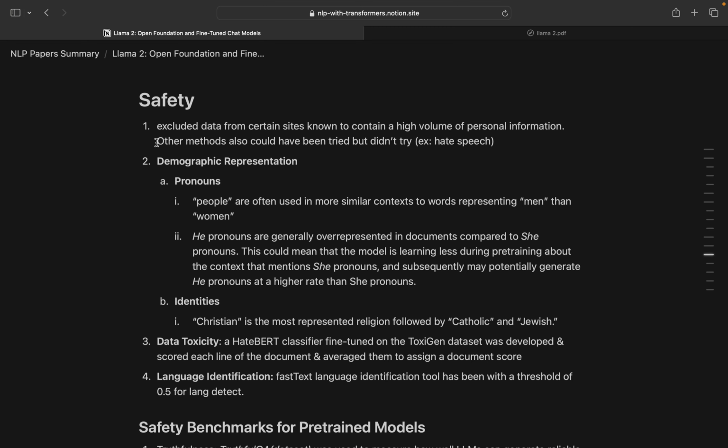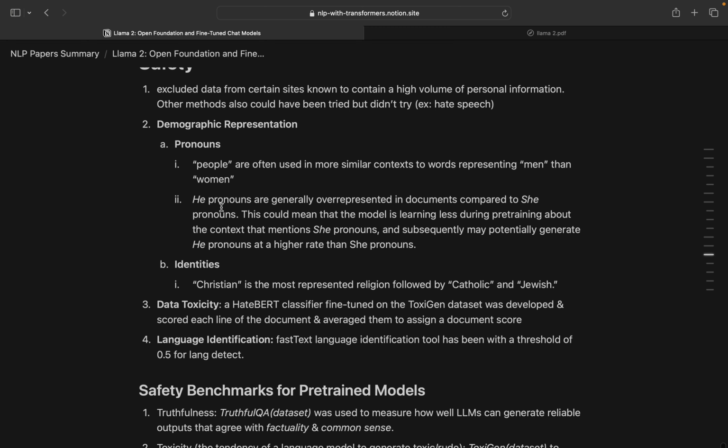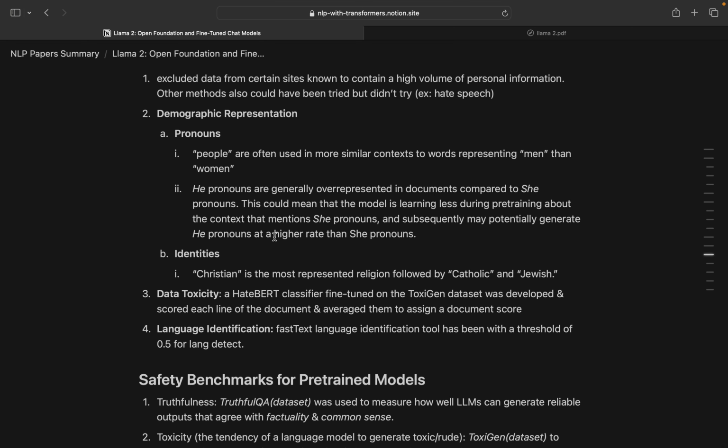But they also went through a few interesting things. In the training dataset, whenever people are mentioned, the data usually talks about men more than women. It creates a bias towards a certain gender. Even with he versus she, the number of mentions of he is much higher than the mentions of she.